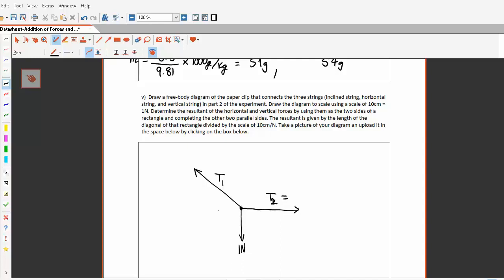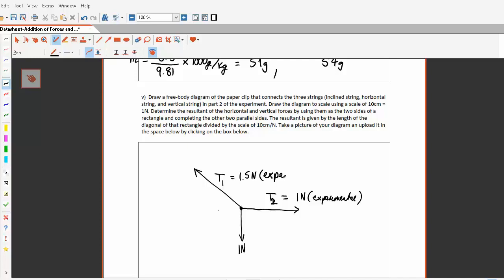This tension is the reading on the spring scale when it is placed on the horizontal string. In my case, I got an experimental value of 1 Newton. And for T1, I got 1.5 newtons.